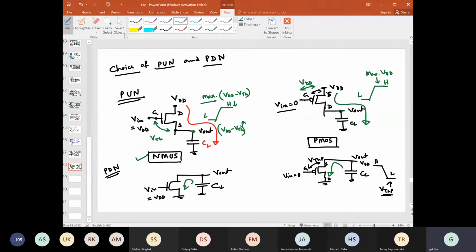We can see the terminals are like this: gate, this is drain, this is source. So VGS is always VDD. So there is no restriction for V out to discharge completely, or CL to discharge completely, and V out can easily reach 0 volt.